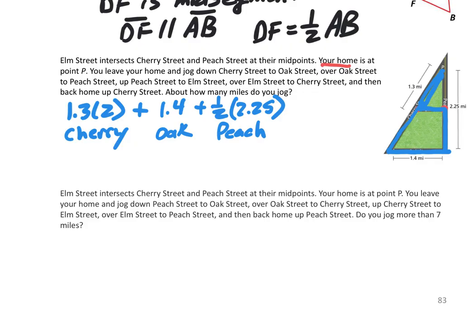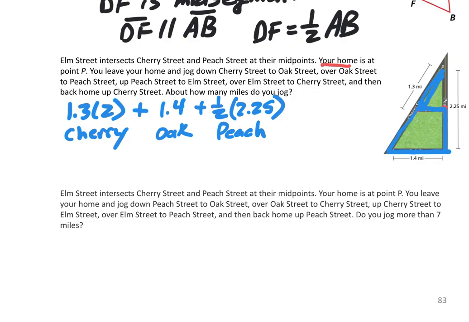Okay, what would this piece right here be? What would I have to do based on everything we've talked about today? This is a midsegment because it connects midpoints together. How would I find this length? What would it be compared to? What street? What length? Okay, it's going to be this one down here, right? So what would I say? What would I have to do to get this?